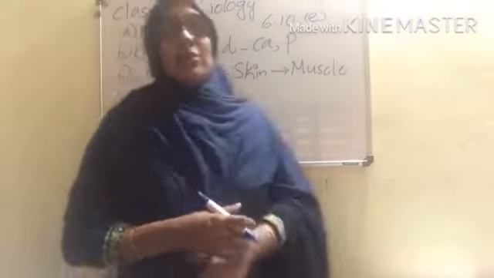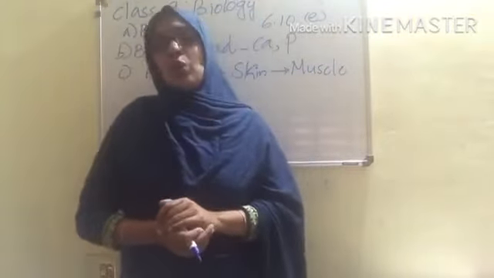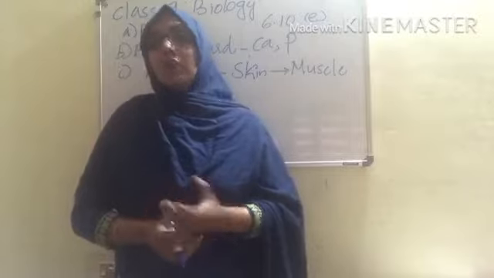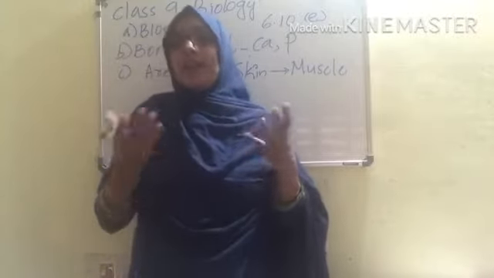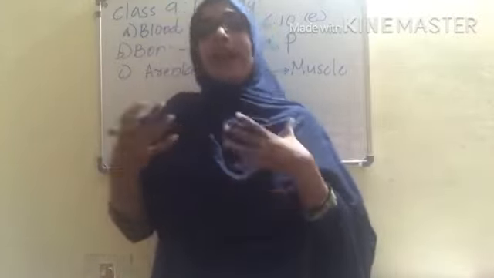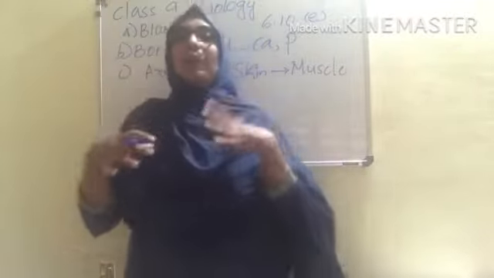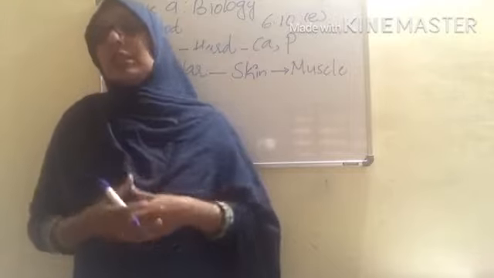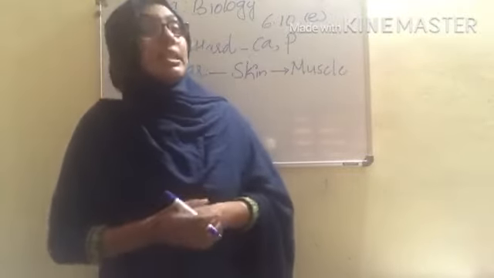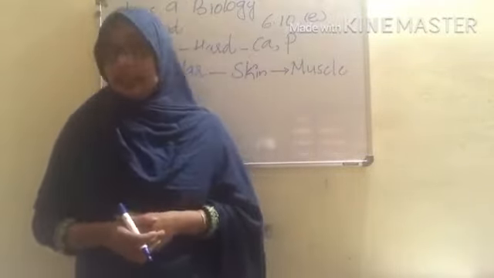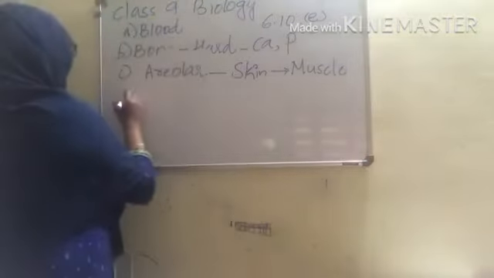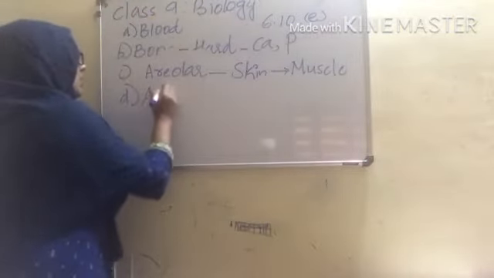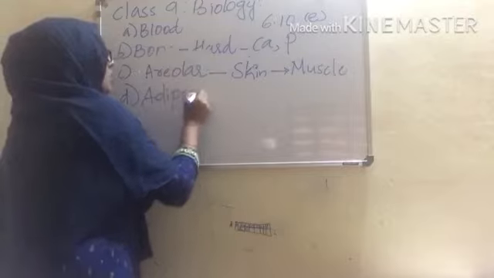Okay, and where is fat stored in our body? We consume several fatty foods and several fatty things have to be stored in our body. Where are they stored? Yes, it is stored in a special connective tissue, and that connective tissue is known as adipose tissue.